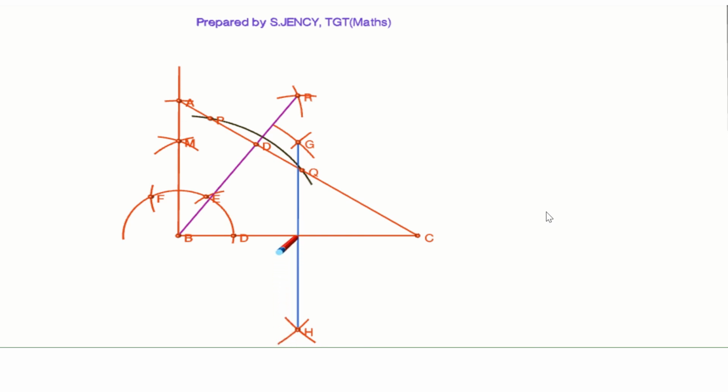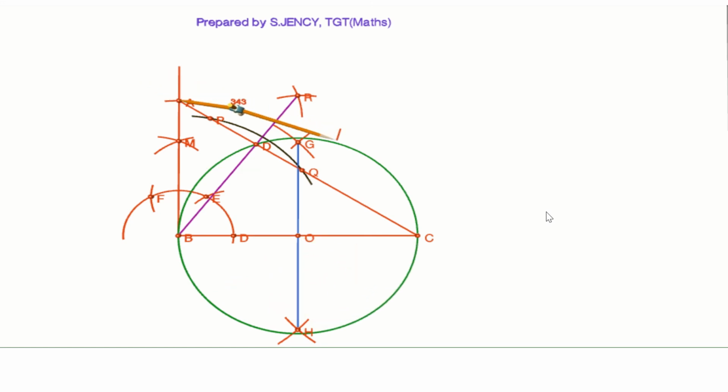Now this intersection point I am taking as O. From this O we have to draw a circle with the radius of OC or OB or OD, right?